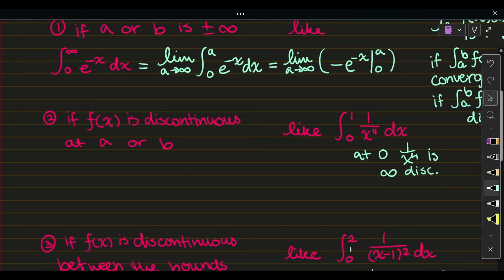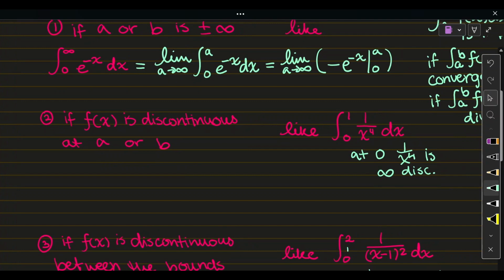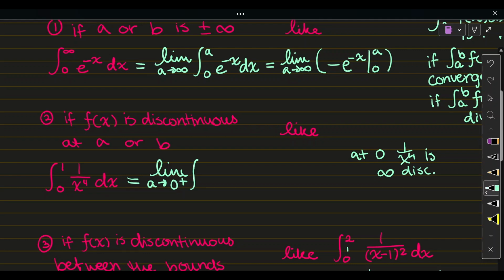So the other example is if f is discontinuous at a or b. Again, we'll take this example here. We would write this as a limit. The limit as a goes to 0 from the right of the integral from a to 1 of 1 over x to the fourth dx.